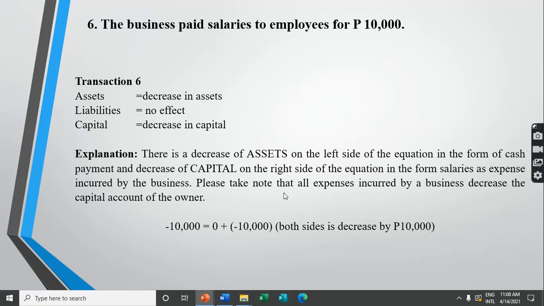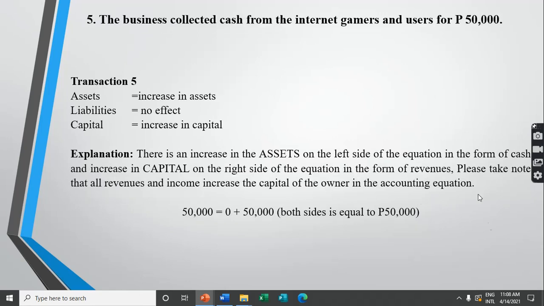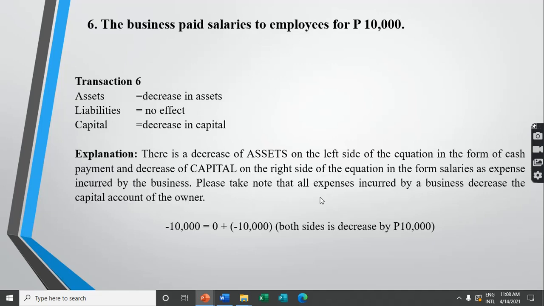So, please take note that all expenses incurred by the business decrease the capital account of the owner. Okay? So, kapag sa transaction number 5, all revenues and income increases the capital of the owner. Pag expenses naman, decreases also the capital of the owner. Okay? Please take note of those.